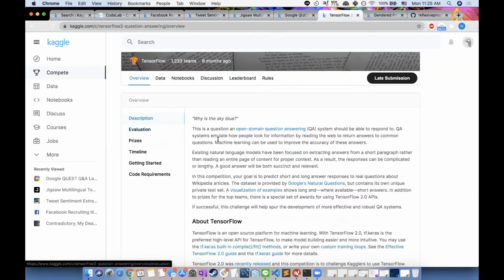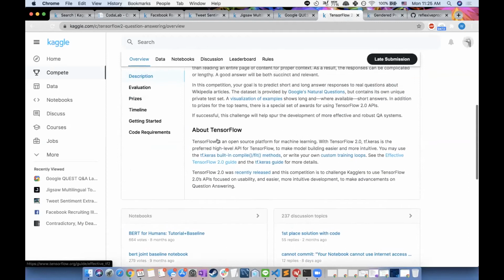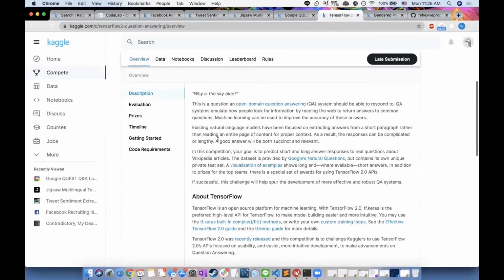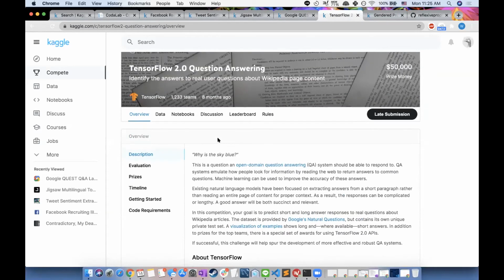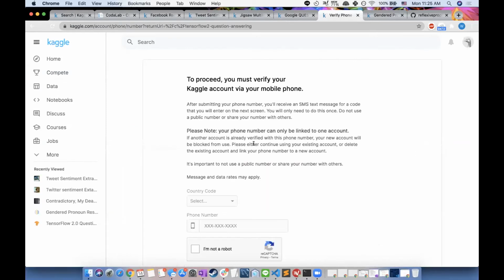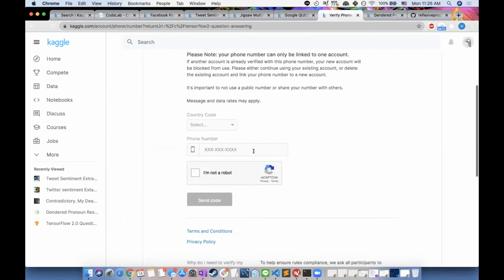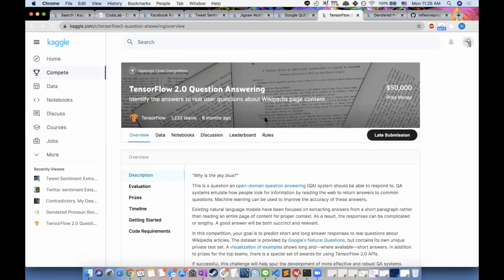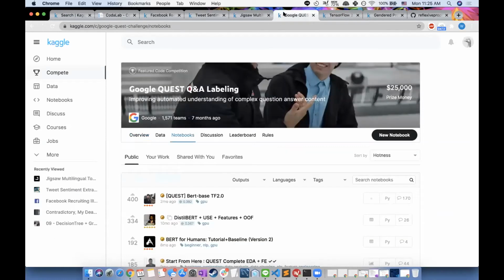Can you still submit and get scores, right? Yeah. We just need to submit the CSV. Right, then it's fine. What does late submission mean? I think you can just submit and still get the scores. You just don't get a prize. Okay. Got it. So, TensorFlow 2.0 QA or Google Quest QA, Jigsaw.